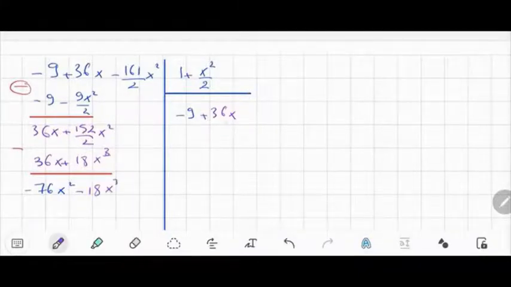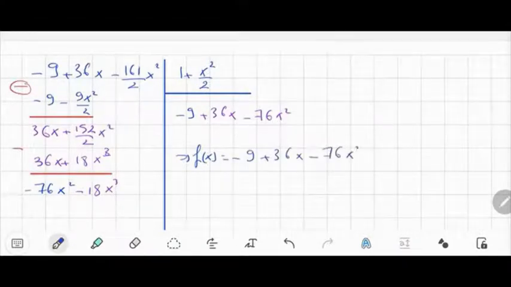So if we divide again, it's minus 76x², and minus 76x² times 1, it will give 76x², so we will end up by something to the power 3. Divide by 1, it will be something to the power 3, so we don't need any more, so we will stop right here. Therefore, the finite expansion of f will be equal to minus 9 plus 36x minus 76x² plus x² epsilon of x.